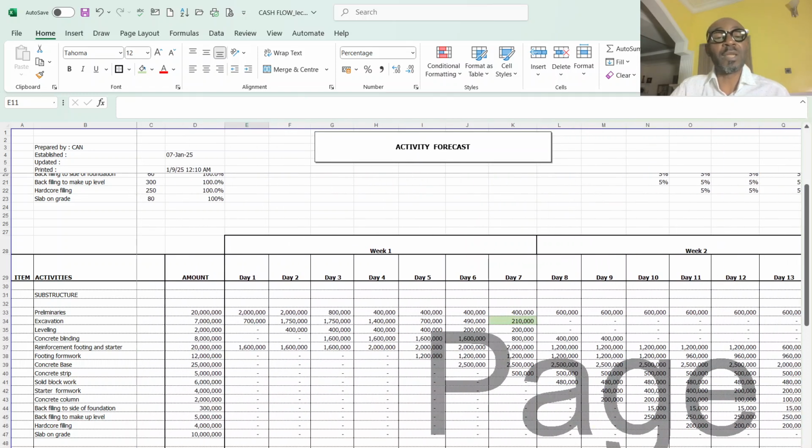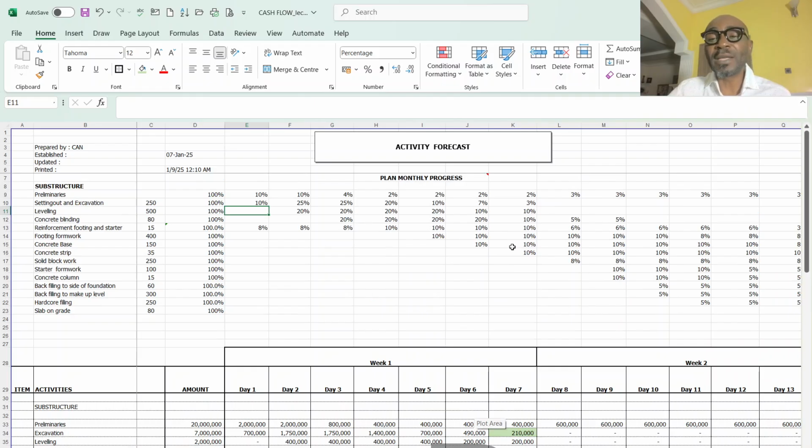So as a quantity surveyor, even as a programmer or a project manager, when you're preparing documents, there's a need for you to put measures of control that will check your figures to ensure that you are accurate in all of your analysis.